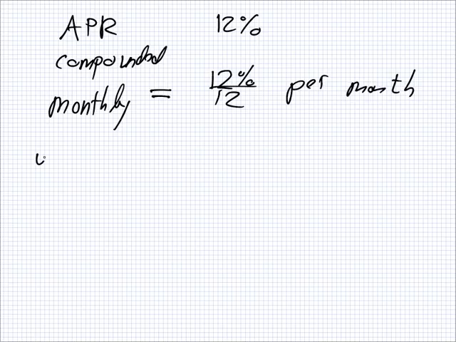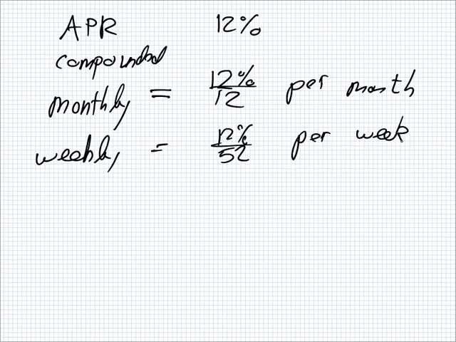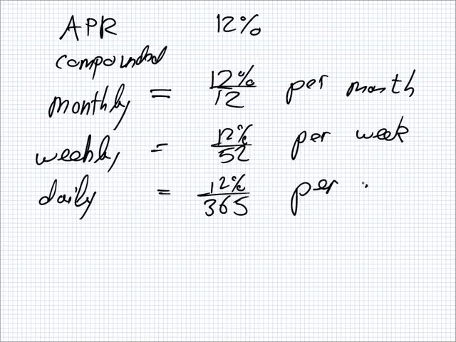If I said compounded weekly, what would that be? 12% divided by 52 per week. They do that every week. If I said daily, 12% divided by 365 per day. If I said hourly, do you get the idea that the only thing that's changed here is the time?